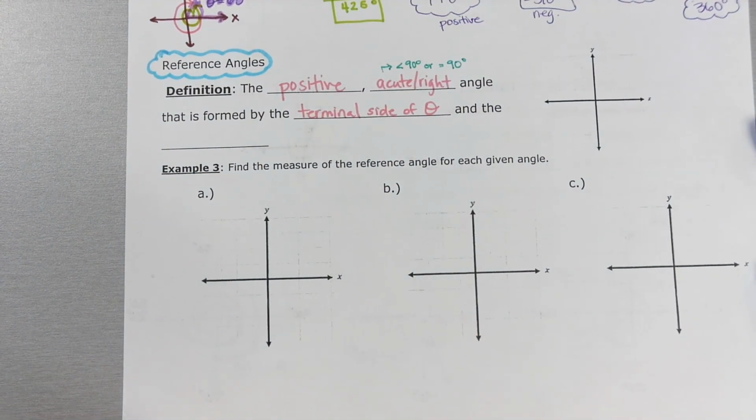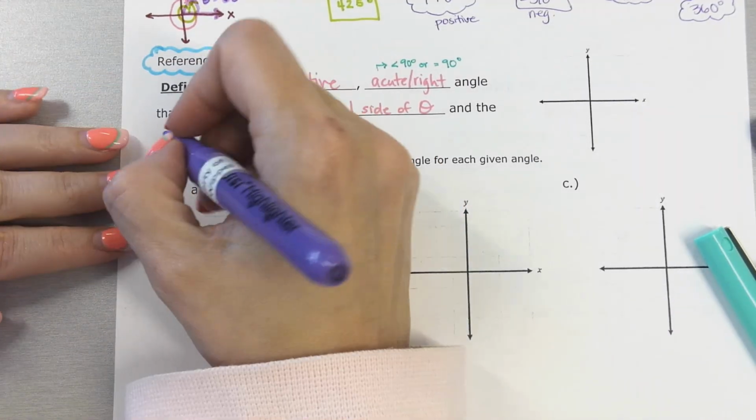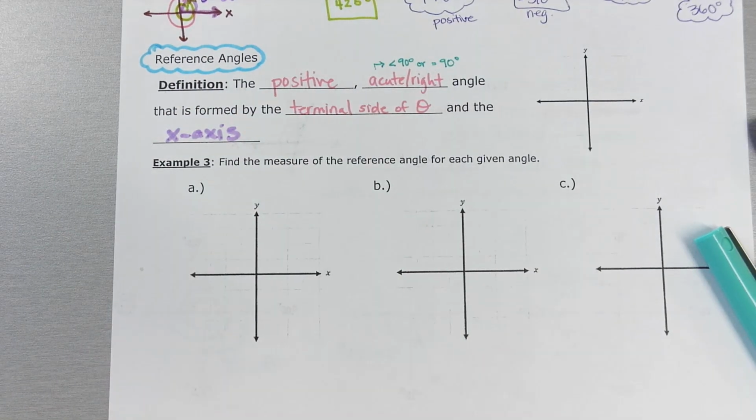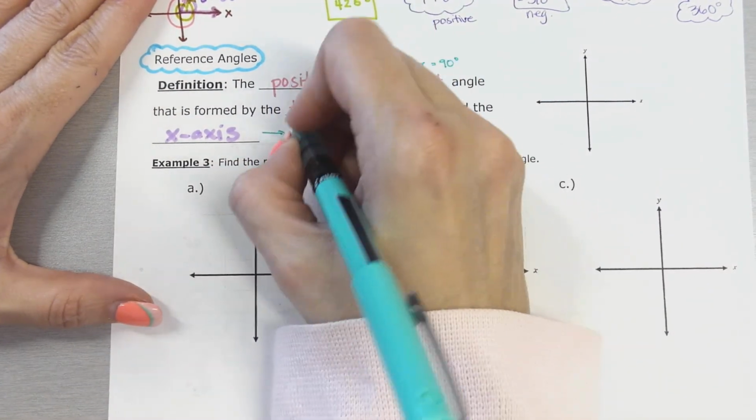Okay, and it's formed by the terminal side of theta and, I'm going to put this in another color so it stands out, the x-axis. Okay, so it has to be to the x-axis and not to the y. And the x-axis has two sides to it. It's going to be the shortest distance.